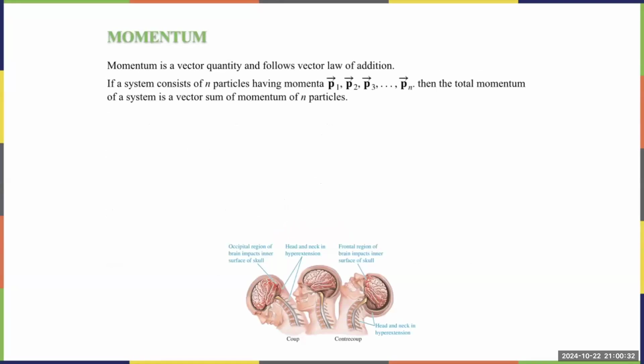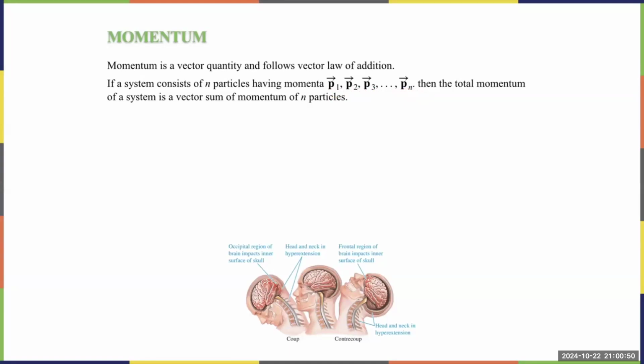And then this momentum also follows the same rule as the rule of vector addition, right? So if there are several momenta, P1, P2, P3, up to Pn, the final momentum of the system is what?